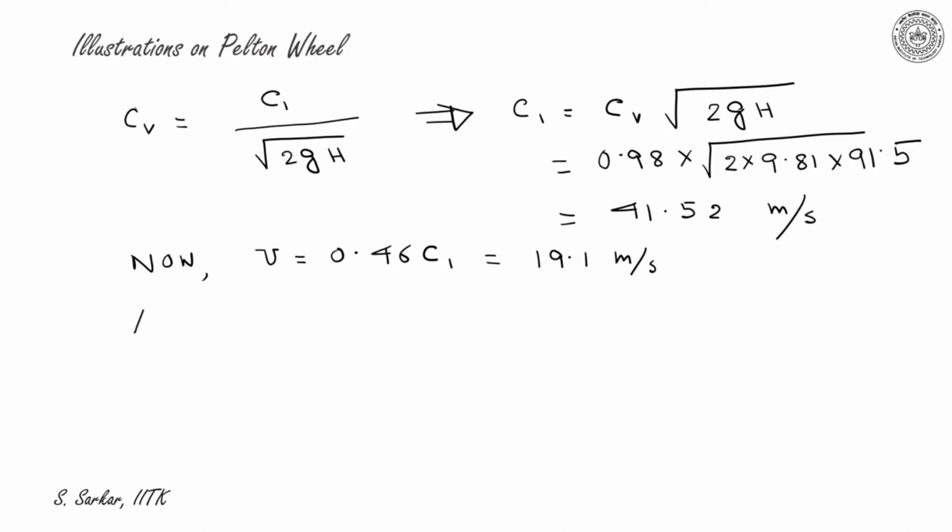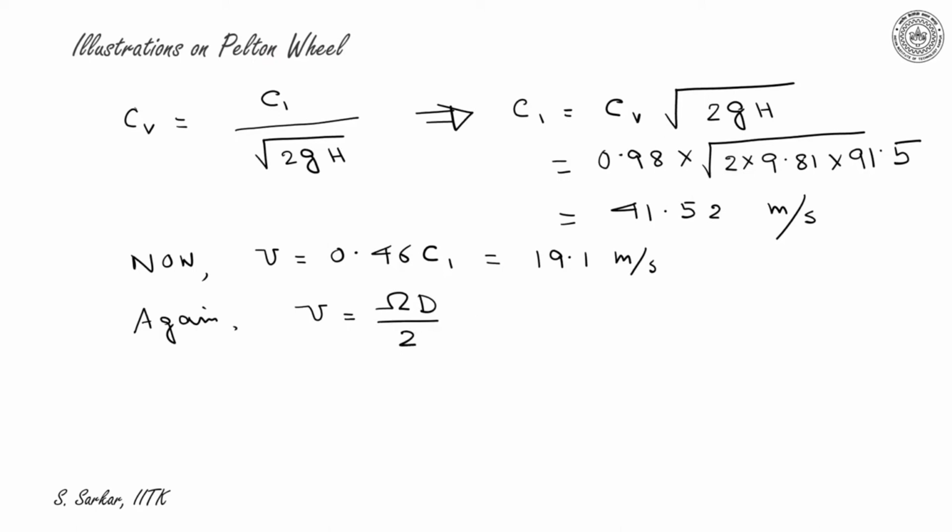Now, again, I can write U is equal to omega, that is rotational speed of the disk, into D by 2.